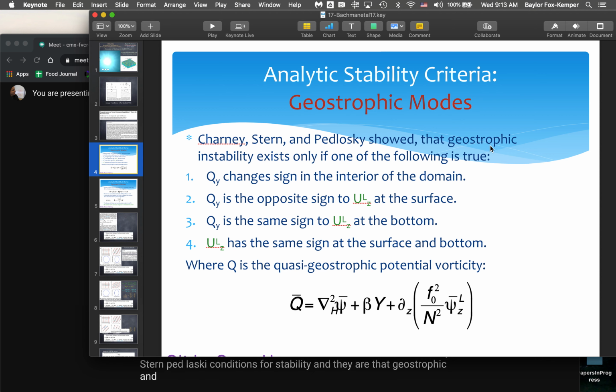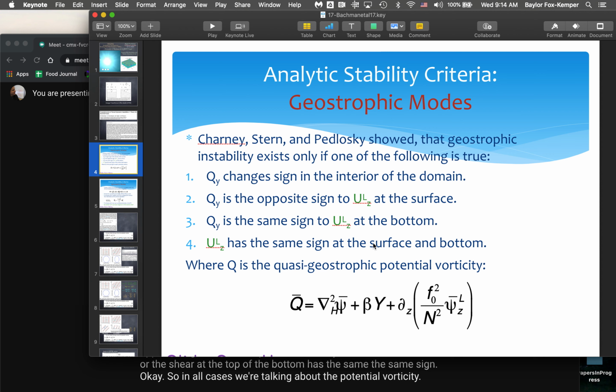But here we mean the instabilities like mixed layer eddies that are the geostrophic branch, the ones that persist in the quasi-geostrophic equations. Those are if only one of the following is true. So if the potential vorticity changes its sign, or if the potential vorticity is opposite sign at the surface, the potential vorticity is the same sign at the bottom, or the shear at the top and the bottom has the same sign. Okay, so in all cases, we're talking about the potential vorticity.